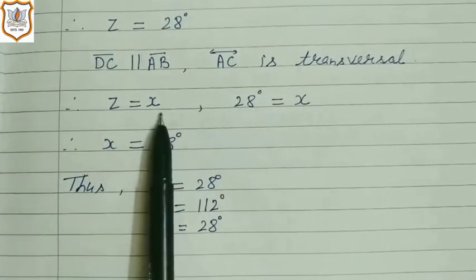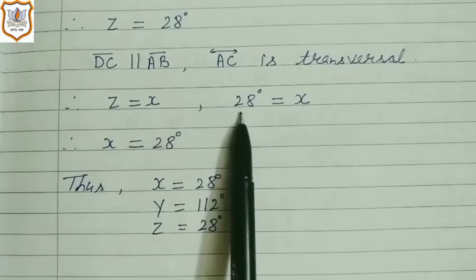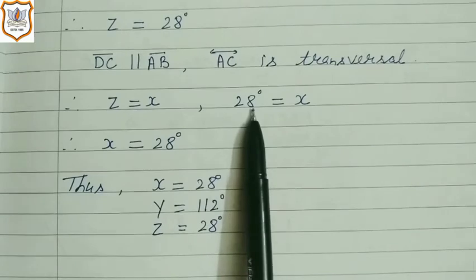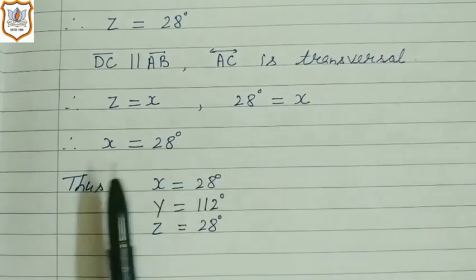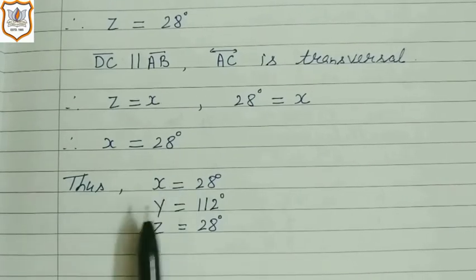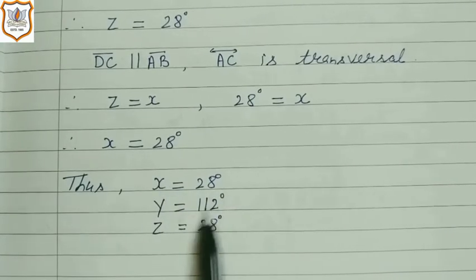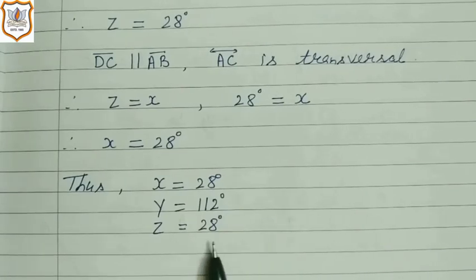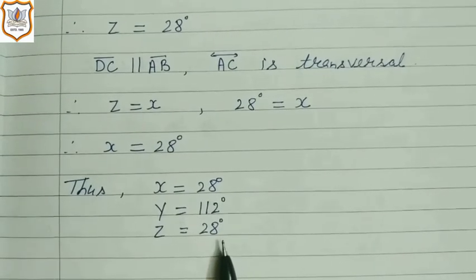Z is equal to X and the value of Z is 28. So we write 28 degree is equal to X. So the value of X will be 28 degree. Thus X is equal to 28 degree, Y is equal to 112 degree and Z is equal to 28 degree.